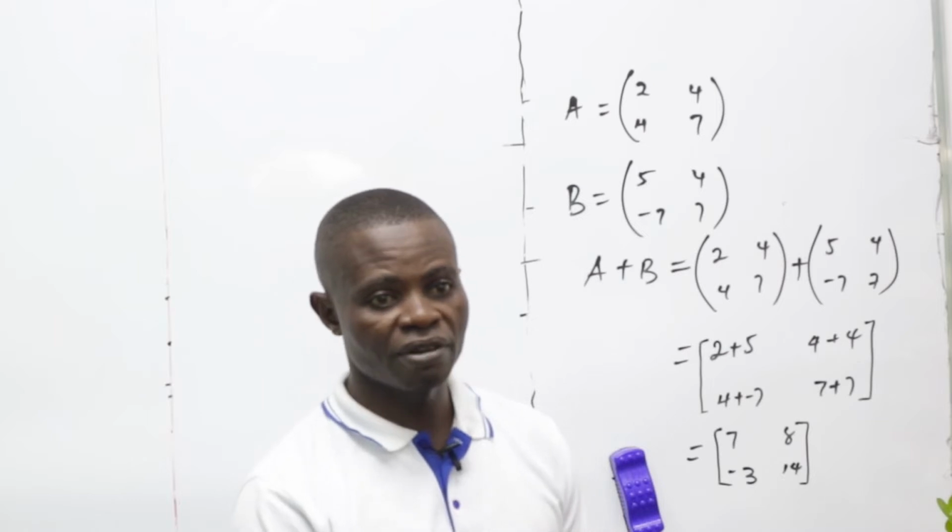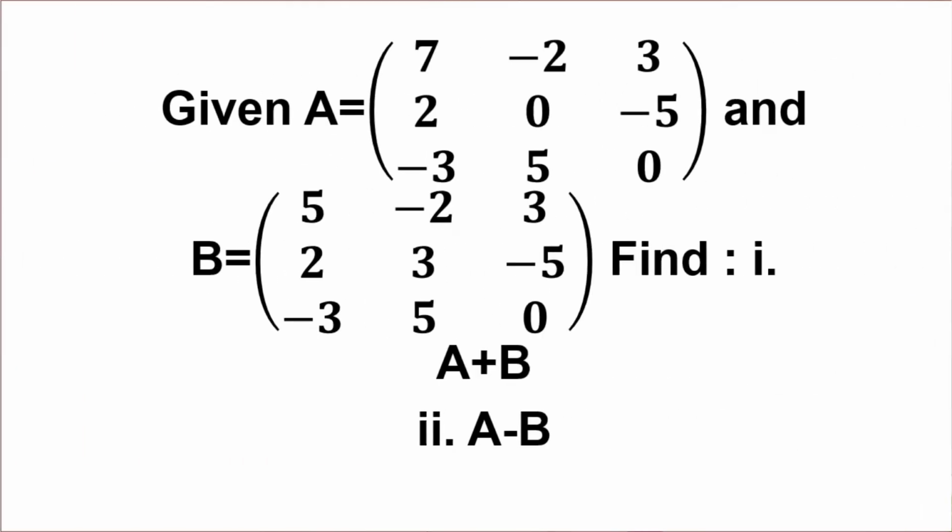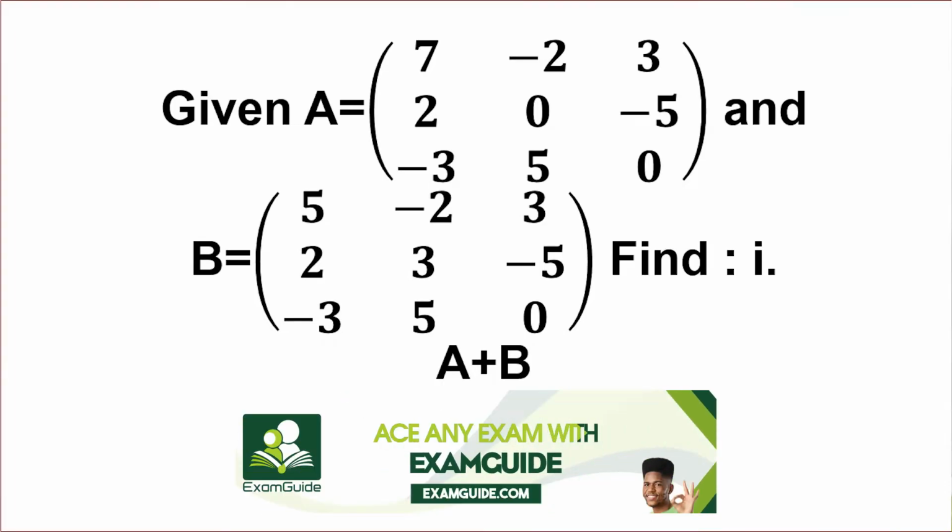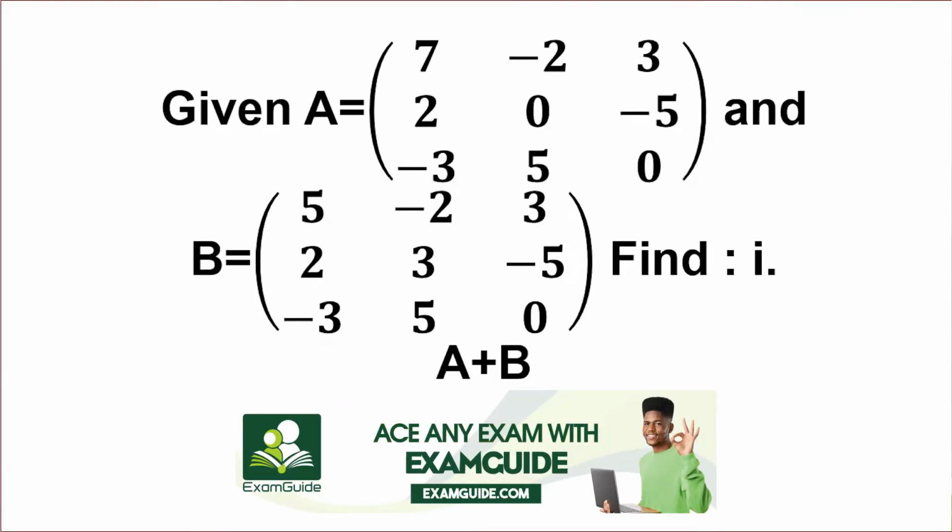The next one is what? Given that A is this 3 by 3, and B is this, find A plus B and A minus B. We are now bringing in the subtraction aspect of it. Now let us see how we can handle it.